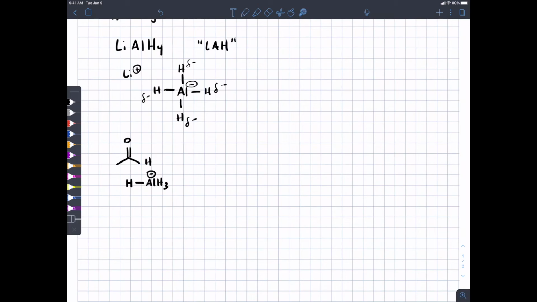I'm only going to draw one of these aluminum hydrogen bonds because we're only going to need one. We're going to show aluminum handing off H and these 2 electrons directly to the carbonyl carbon.